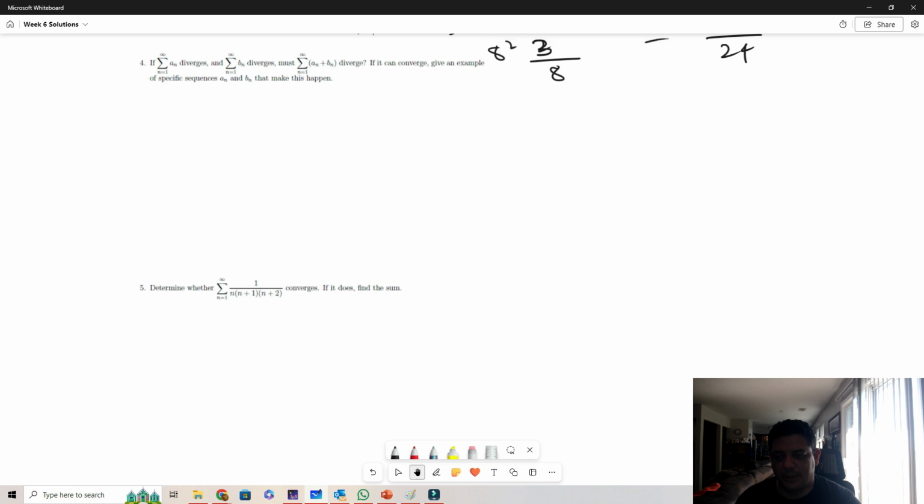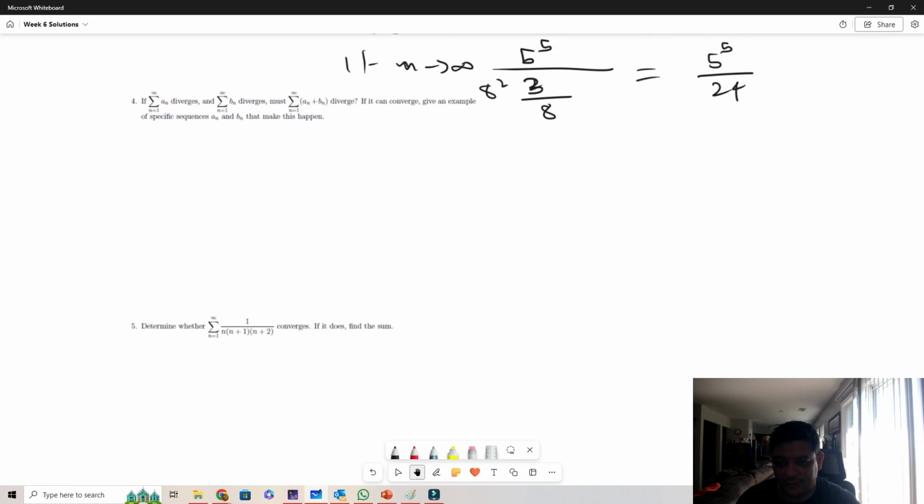Now number 4 says that if a_n diverges and b_n diverges, then must the sum of the series diverge, and if it can converge, give an example of a specific sequence a_n and b_n to make this happen. So you can kind of get this example very easily if you consider something that can be a telescopic sequence. So for example, let's just take 1 over n plus 1 that we know is divergent, and well, let's take minus 1 over n for the sake of the argument.